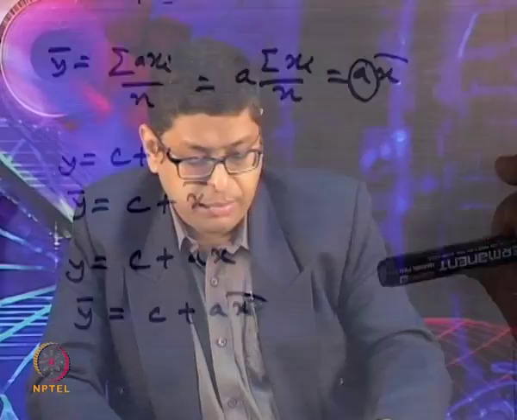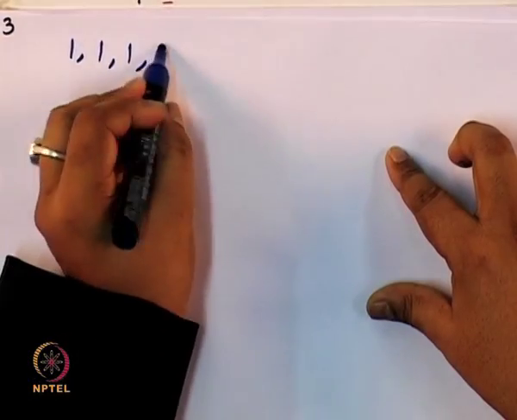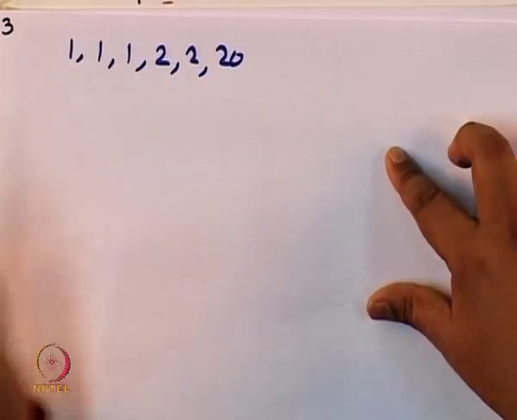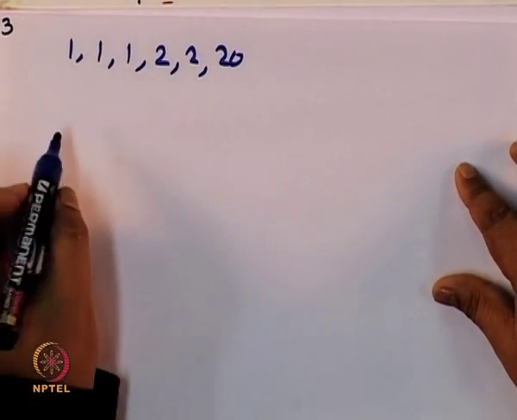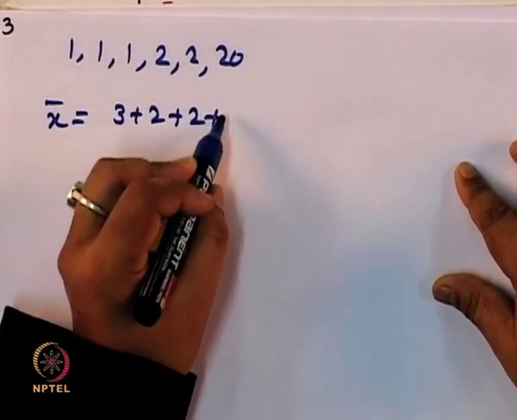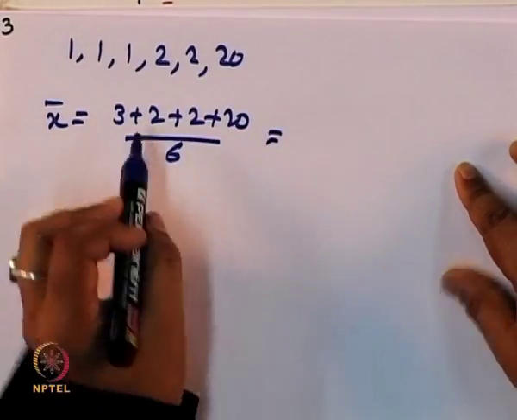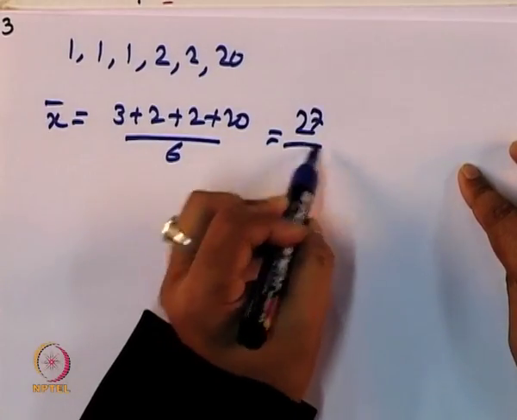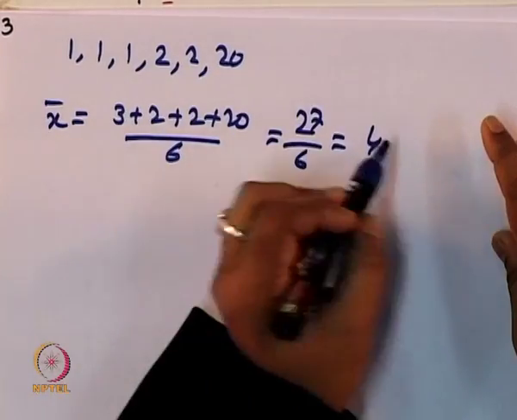Okay. So, this is arithmetic mean, and we found that one of the main caveats of the arithmetic mean is when you have a wide variation in your values. So, let us just take one particular example. Let us say I have my values as 1, 1, 1, 2, 2, 20, right. So, I have 6 values, and my x bar is equal to 3 plus 2 plus 2 plus 20 by 6, okay, so 27 by 6, which is 4.5.